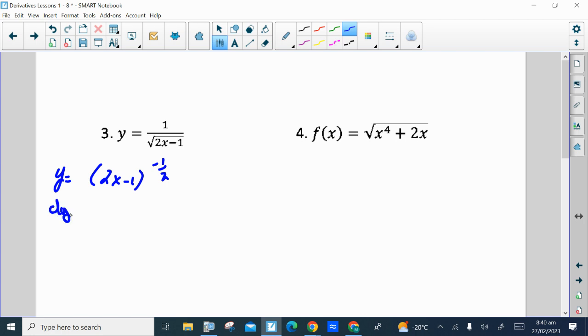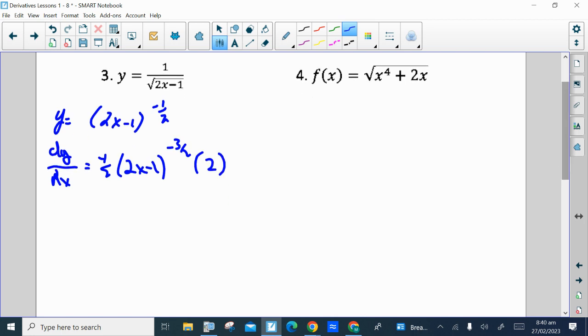So dy by dx equals negative 1/2 bracket 2x minus 1 to the negative 3/2. And now instead of writing down times d by dx of 2x minus 1, let's just take the derivative of what's inside the bracket, which would just be 2. So that 2 we multiply by the negative 1 on top here.